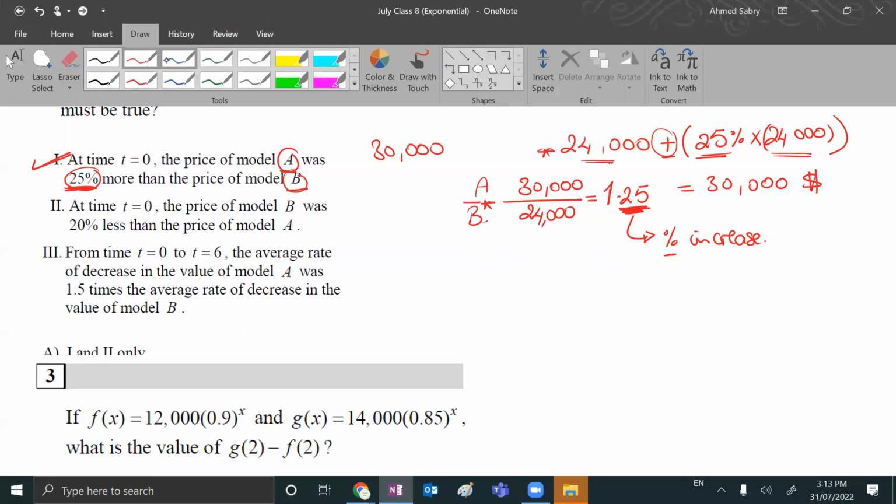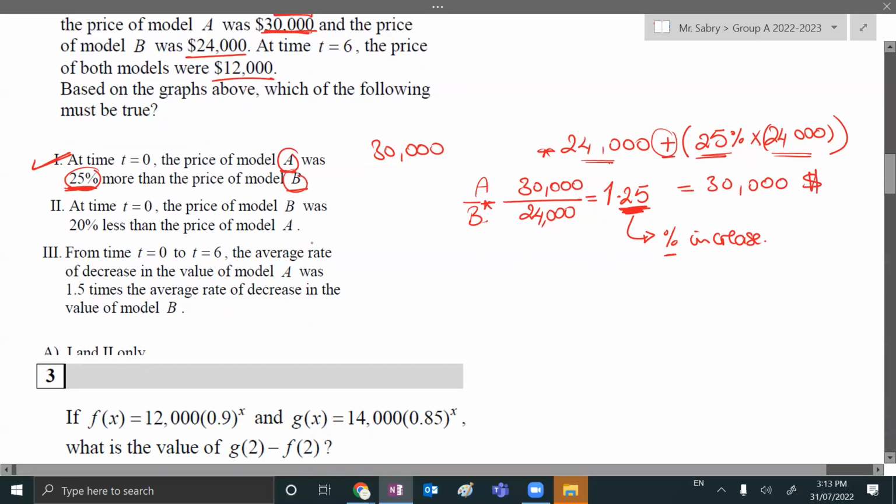So all you need to do now is the opposite. On a calculator, put 24,000 divided by 30,000, and that results in 0.8. Now 0.8 is less than 1 by how much? If I do 1 minus 0.8, I find the difference is 0.2. 0.2 is exactly 20%. It means it decreased by 20%. If the answer came out as 0.8 rather than 1, it means it decreased by 20%.